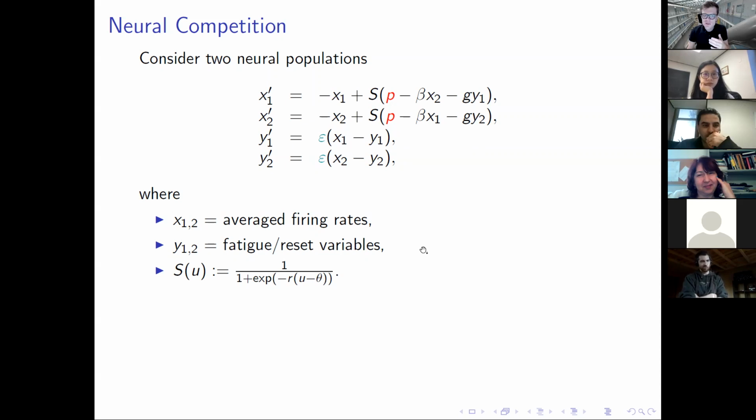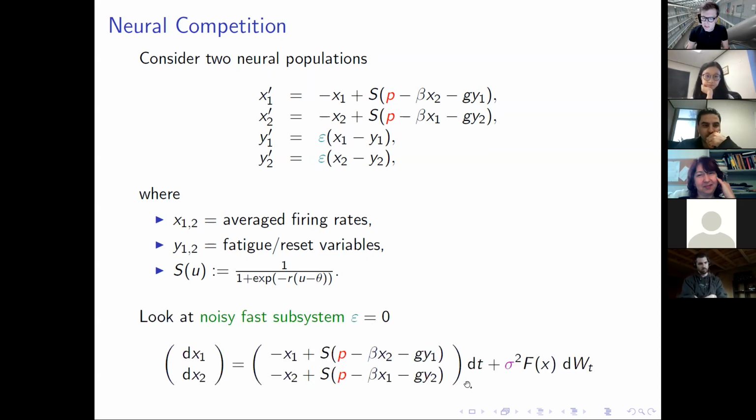You're just interested in these neural mass models of two competing neural populations. And look at the subsystem, as I've said, and let's add on some noise. I haven't modeled this in detail, but you could model that, of course, by system size expansion, microscopically deriving that these neural populations would be noisy. I'm just doing this to test my numerical scheme. Okay.